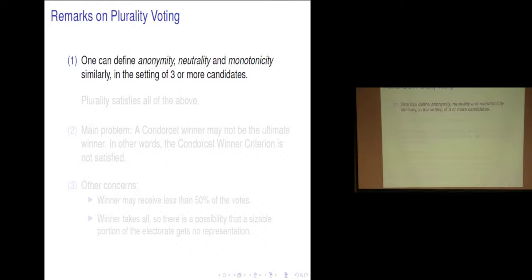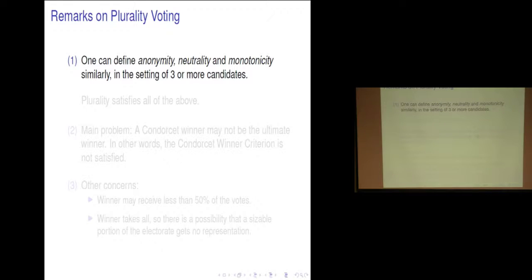When we talk about elections with 2 candidates, we have defined anonymity, neutrality, and monotonicity, right? Anonymity says the voters are treated equally. It's not that one person's vote counts a lot more than others, right? Everybody is treated equally.